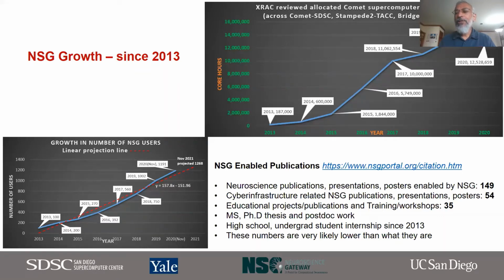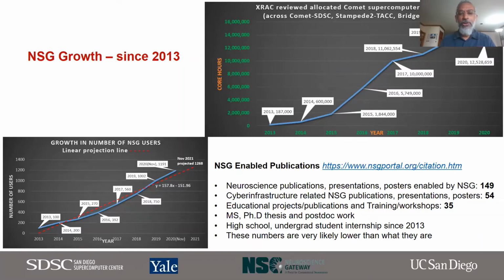Then over time, in the last few years, we are settling at 12 to 13 million core hours on various supercomputers. And if you look at the plot on the bottom left, you will see the number of users of NSG has also grown during that time, starting with about 100 users initially in 2013. Now we have about 1,200 users.